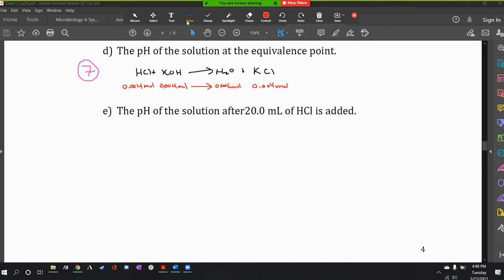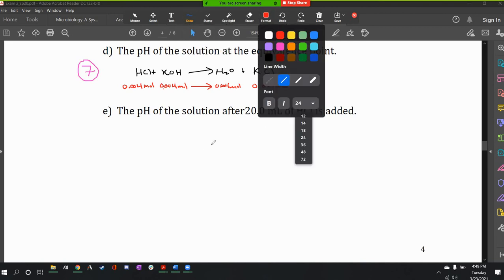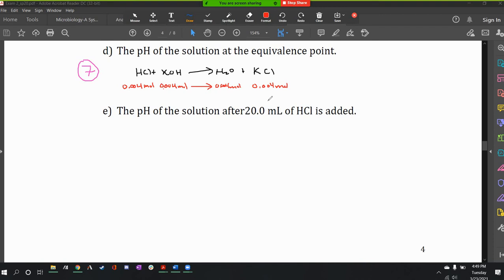It's old school, like back in the early days of good old Chem 1A. All right, but now it's got a twist. So we react 0.004 moles of acid with 0.004 moles of base, and form 0.004 moles of each product.